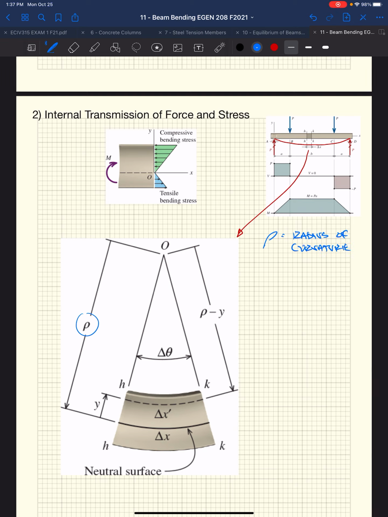And we looked at a small portion of this beam, and it was deflected, so it was bent. We looked out somewhere, there'd be a center point for the curve that that little section of beam underwent. And so that's called our radius of curvature.